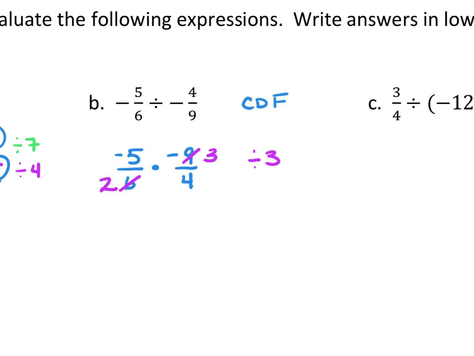And so we can go ahead and multiply straight across. 5 times 3 is 15. 2 times 4 is 8. Because we do have two negatives, they cancel out, and my final answer is positive 15 over 8.